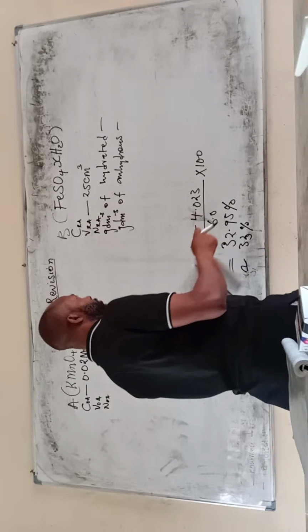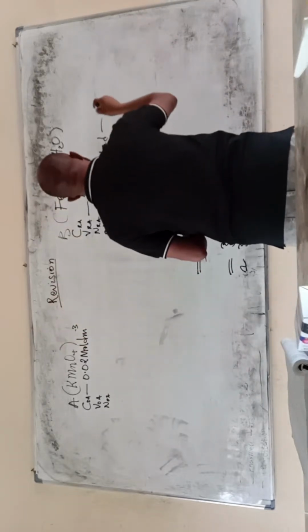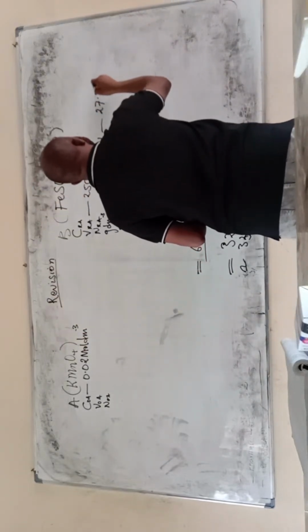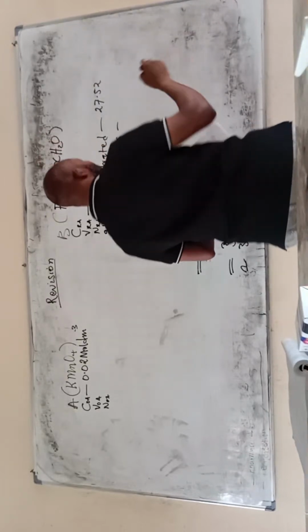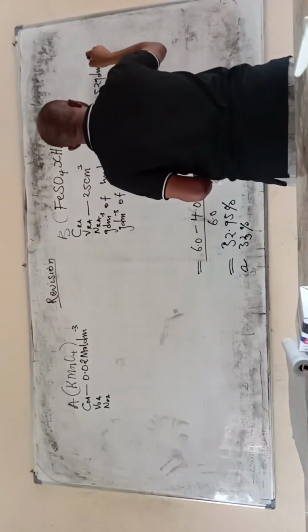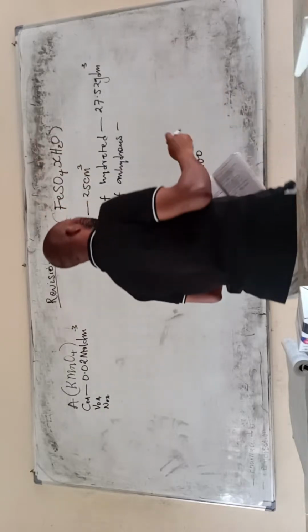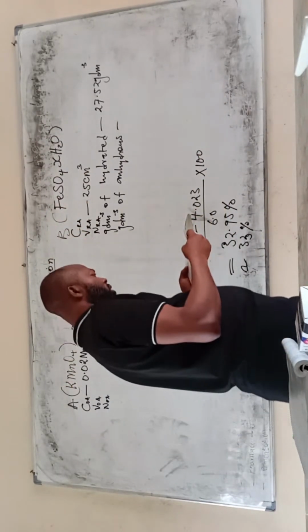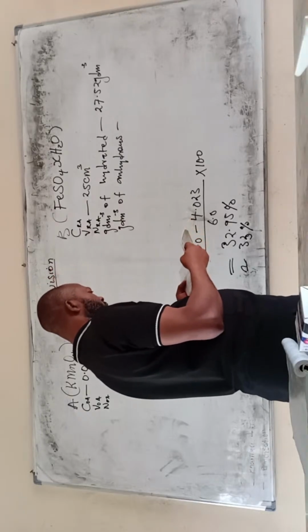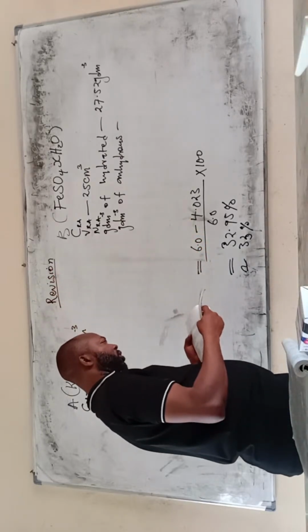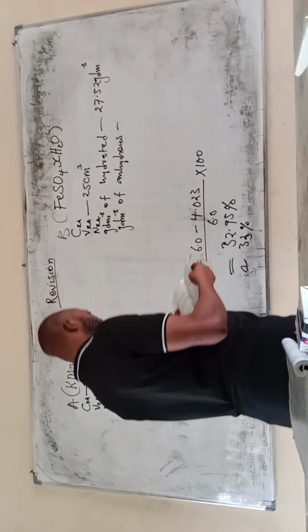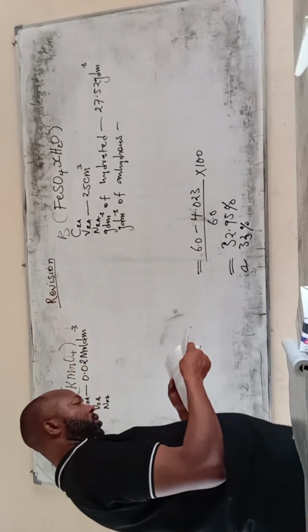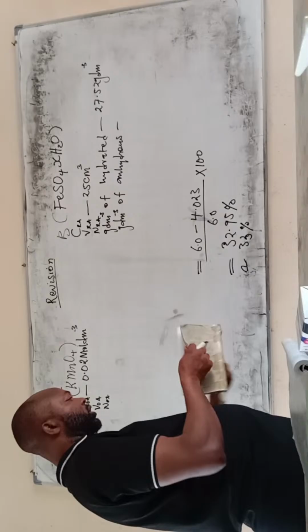So 27.52 of hydrated is 27.52 g/dm³. So we're going to find out for that of anhydrous. So that'll be all. Balanced equation. All right. It is not given.